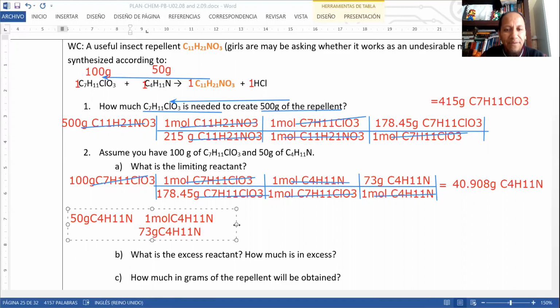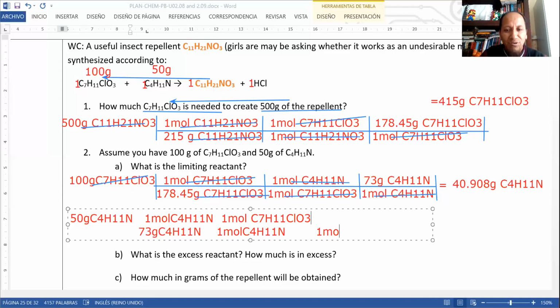And then also, you know that 1 mole of C4H11N is related to 1 mole of the first compound, which is C7H11ClO3. And then also you know the mass: 1 mole of C7H11ClO3, what's the mass for that one?